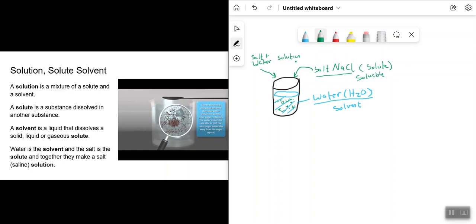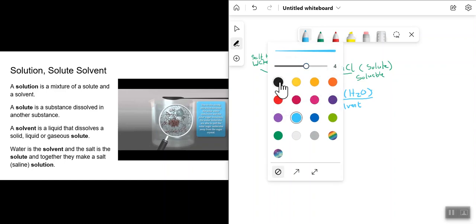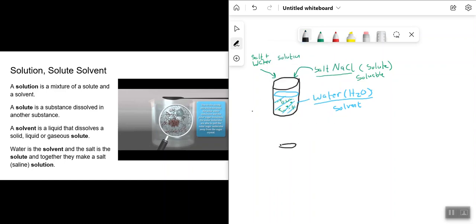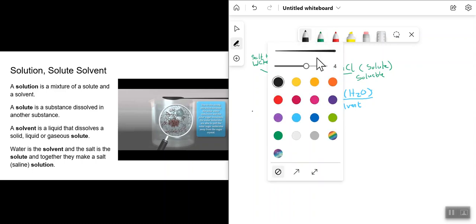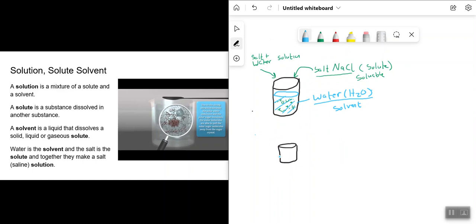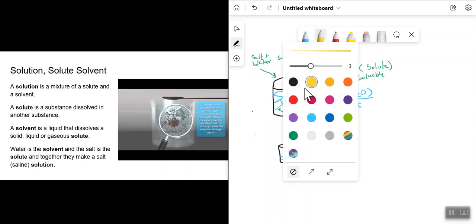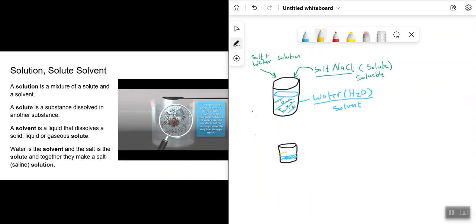Now, in contrast to that, imagine we had a beaker, and inside the beaker I put in some water, just like what we've done here. Then, instead of putting in salt, if I was to put in oil, so imagine this is oil, we have oil and then we have water.